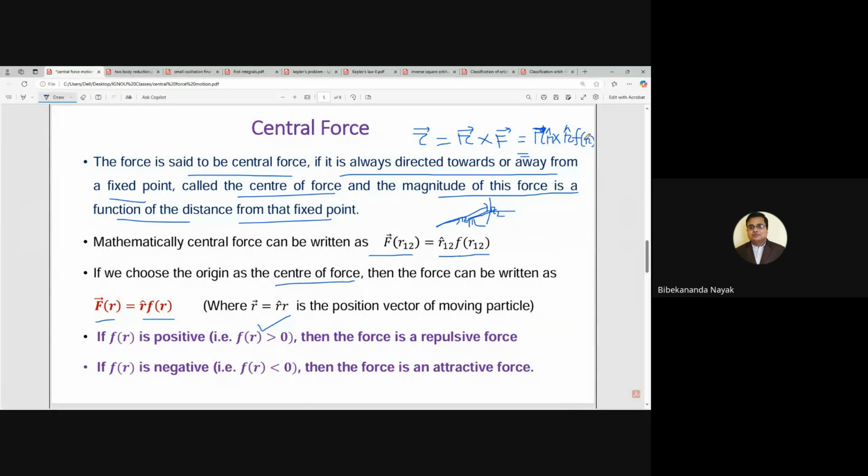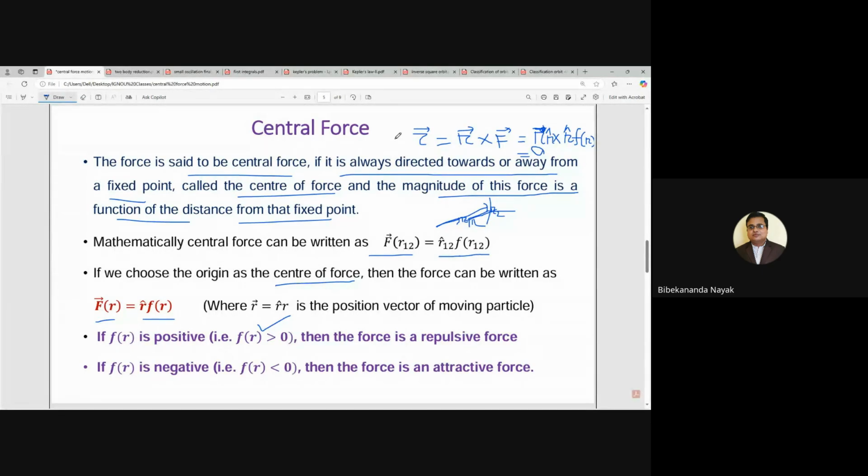The cross product of the same vector: a cross b is a b sin theta. If it is the same vector, then theta will be how much? 0. So sin 0 is equal to 0. So the result is 0. So here torque is 0.